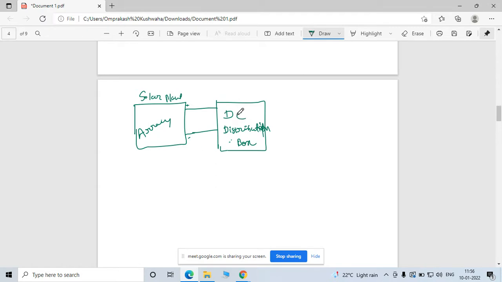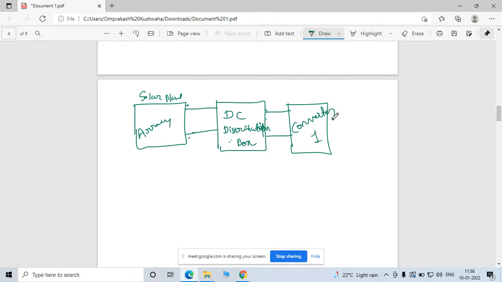So we have to fix the voltage level, and we can fix it with the DC distribution box. This is connected to the converter, right? Converter 1 generally.